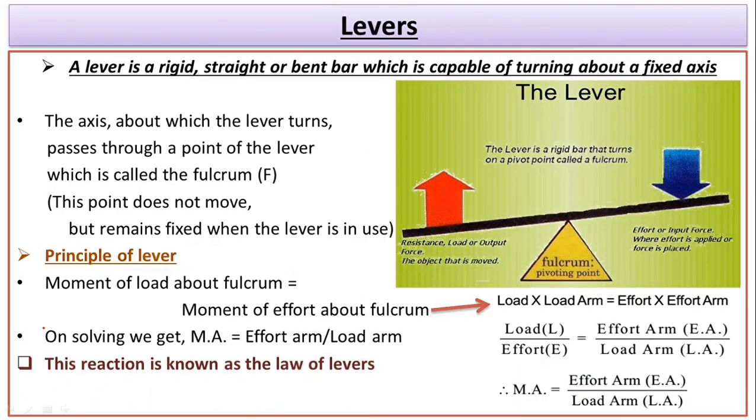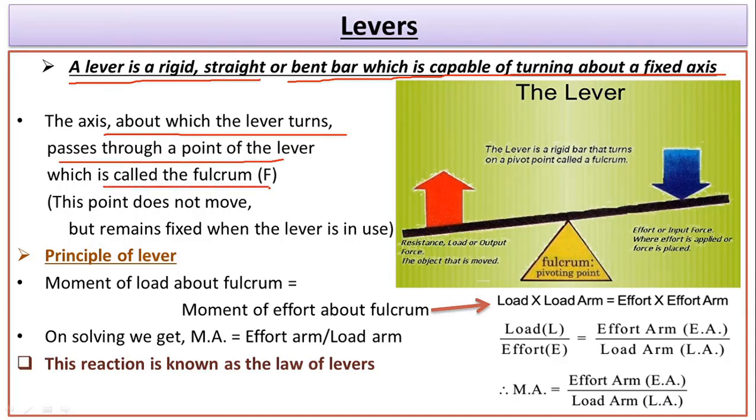Now, let's discuss the first kind of simple machine that we have to see in this lecture. That is a lever. A lever is a rigid, straight, or bent bar which is capable of turning about a fixed axis. The axis about which the lever turns passes through a point of the lever which is called the fulcrum.